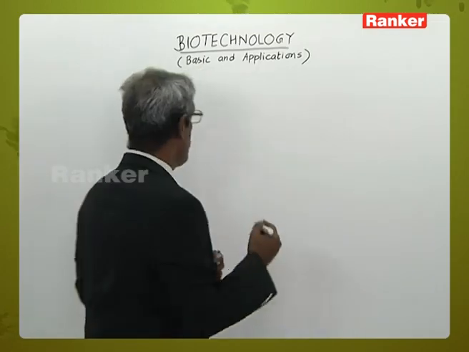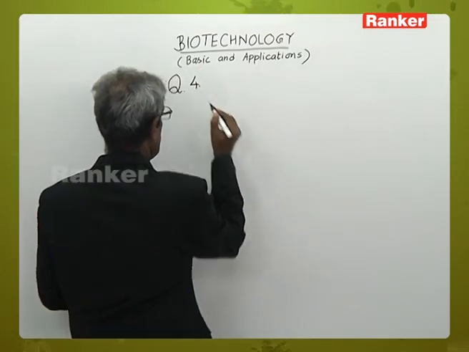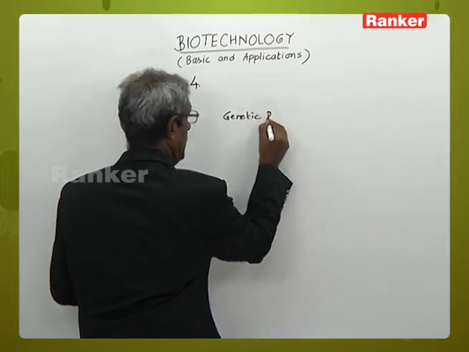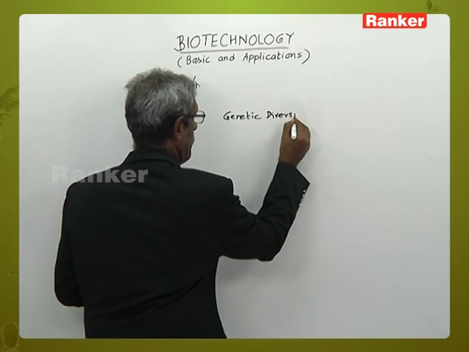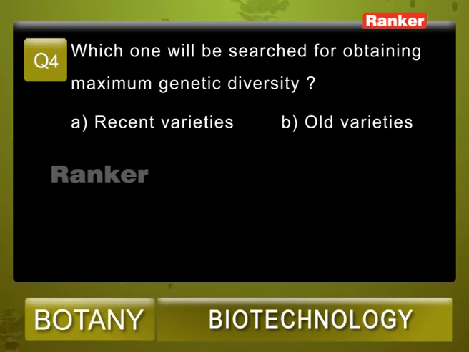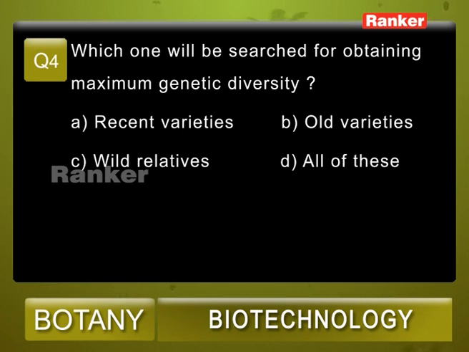Question number 4 relates to genetic diversity. Which one will be searched for obtaining maximum genetic diversity? Recent varieties, old varieties, wild varieties, or all of these?